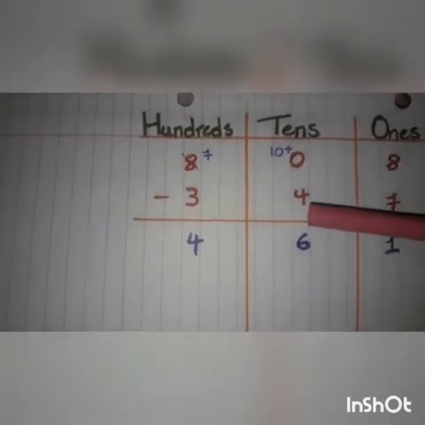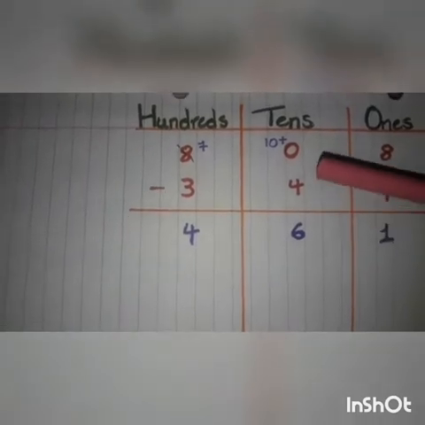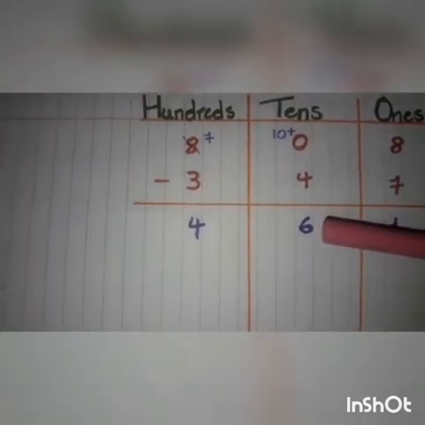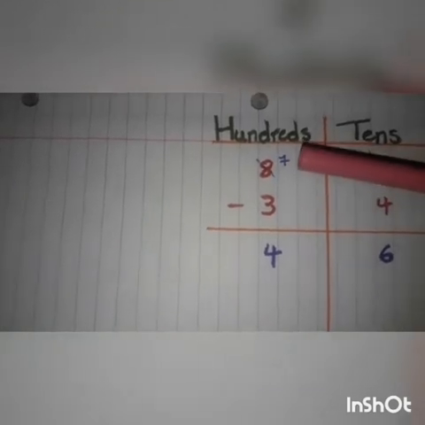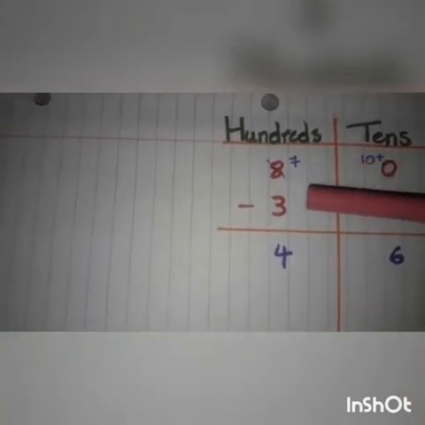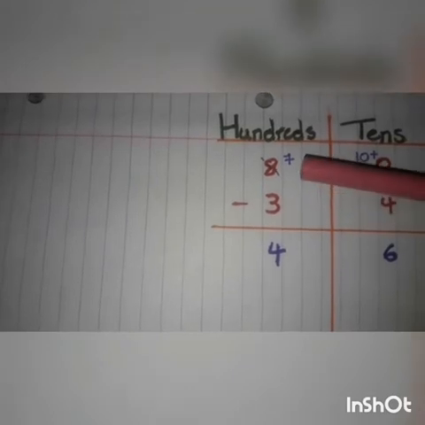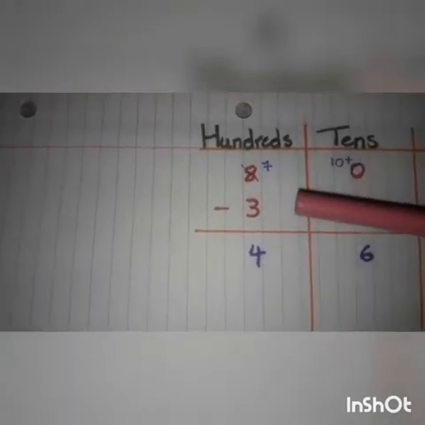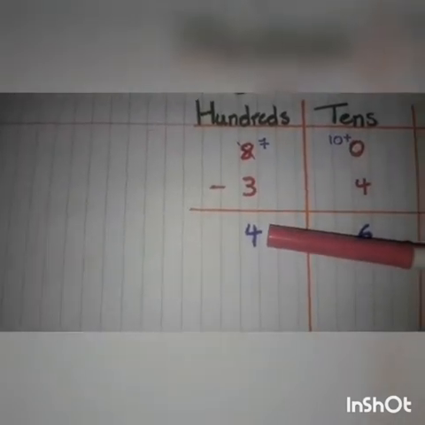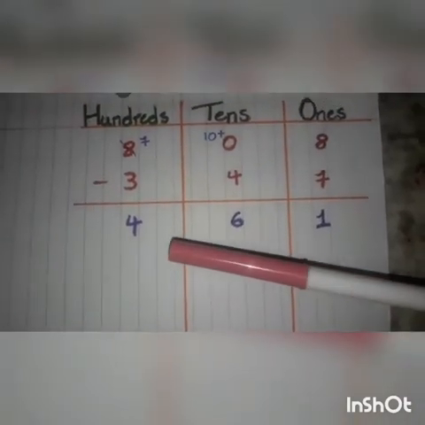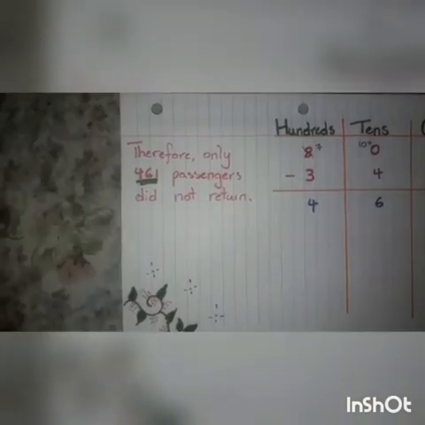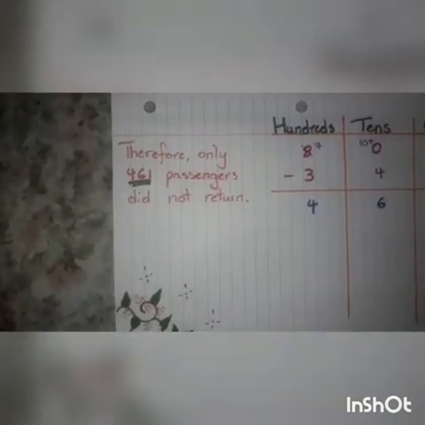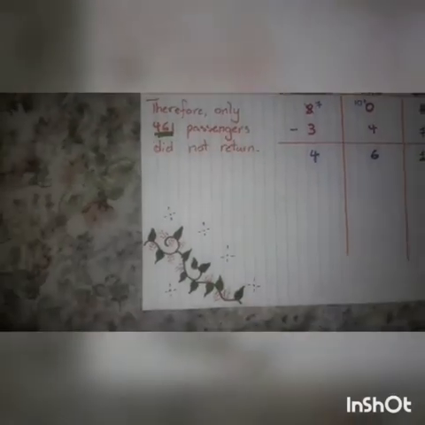Now we're going to minus 4 from 10, which leaves 6. Since we borrowed 1 from 8, that will leave 7. So we're going to subtract 3 from 7, and 3 from 7 equals 4. So our answer is 461. Therefore, only 461 passengers did not return.